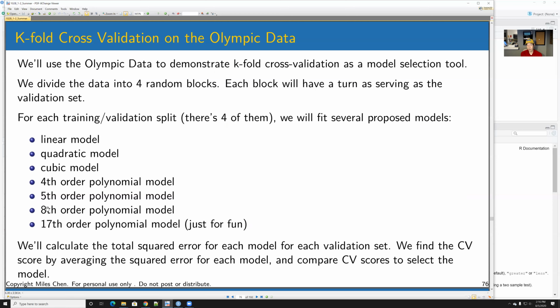The 7 data points are randomly picked, not the first 7 and the next 7, but all 4 blocks create the full set of 28. We calculate the total squared error for each validation set, then find the cross-validation score by averaging the squared error for each model, and compare the scores to help us select which model is best.